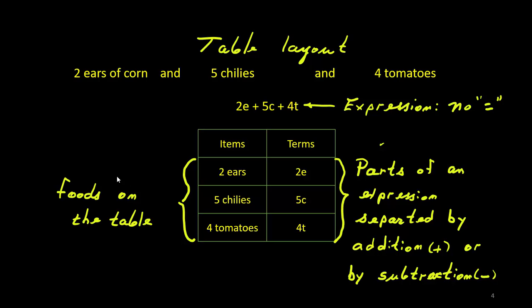But whenever we condensed all of that into this expression, we had these separate parts: 2E for the 2 ears of corn, 5C for the 5 chilies, and 4T for the 4 tomatoes. Terms are just parts of an expression separated either by addition or by subtraction.